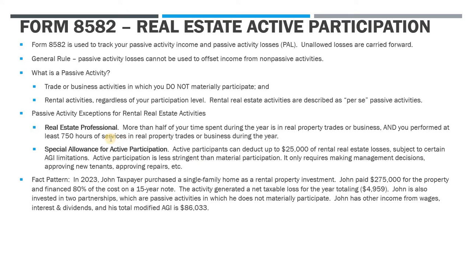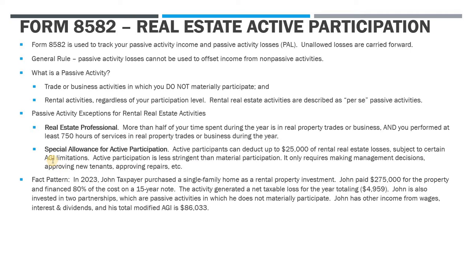Now, most taxpayers will not be able to qualify for this. The real estate professional election is quite a high burden to meet. I've got some videos covering it in more detail with some more elaborate examples, but most people will fail these tests and will not be able to qualify for that real estate professional election.